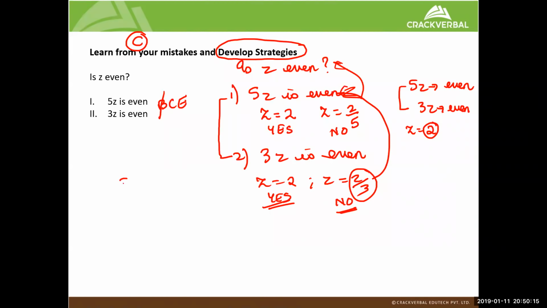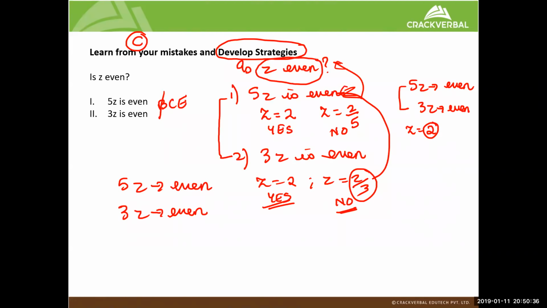This is where the strategy comes into play. Whenever you come into a question where you're forced to combine the two statements, the best thing to do is to treat the two statements like an algebraic equation. You manipulate these two statements algebraically such that it helps you answer what the question asks.